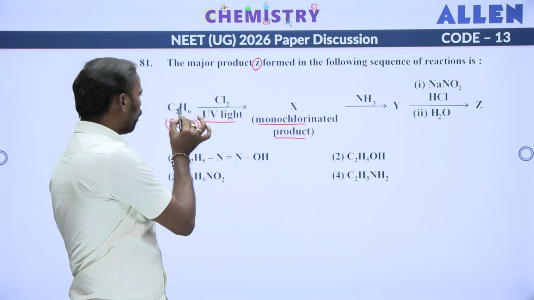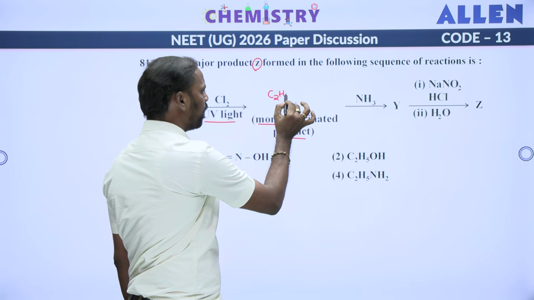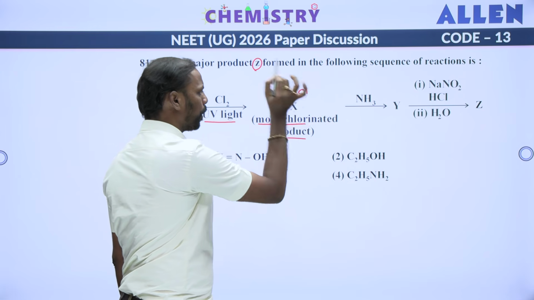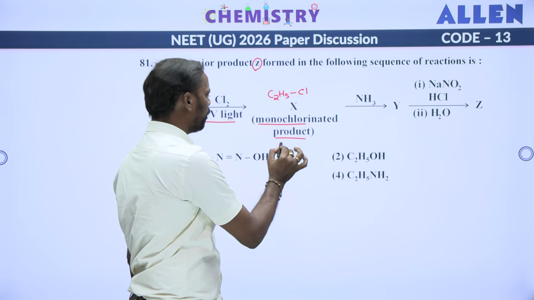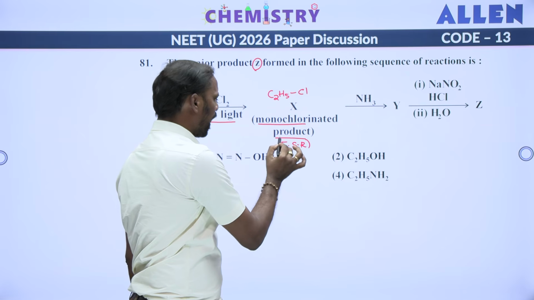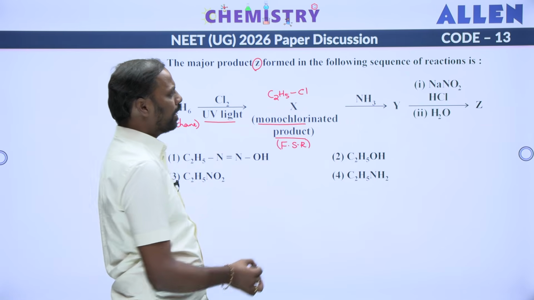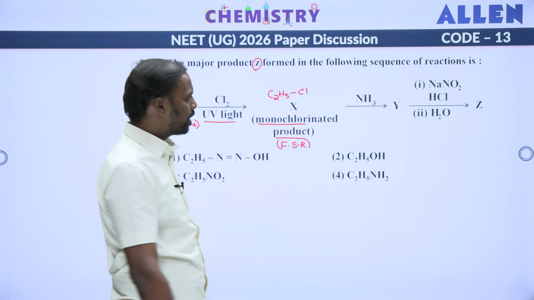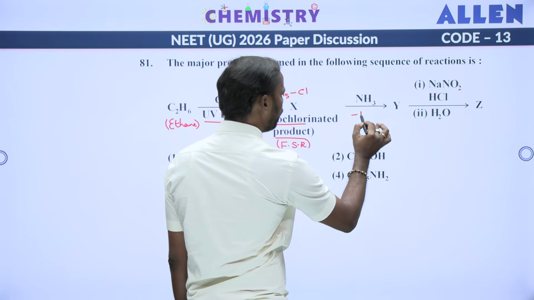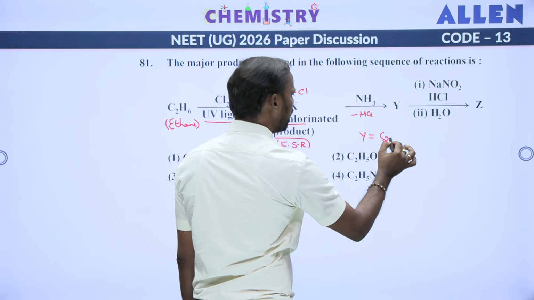That means one hydrogen atom is going to be replaced by a chlorine atom. This is nothing but a free radical substitution reaction. After that, treating with NH3. So here there is loss of HCl, where Y is equal to, what will you get here?